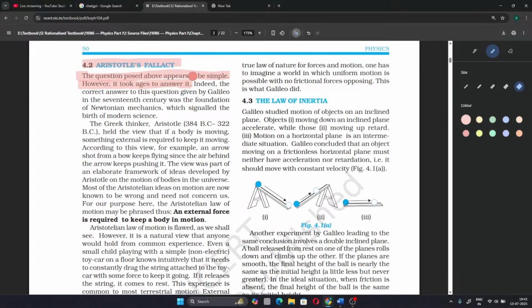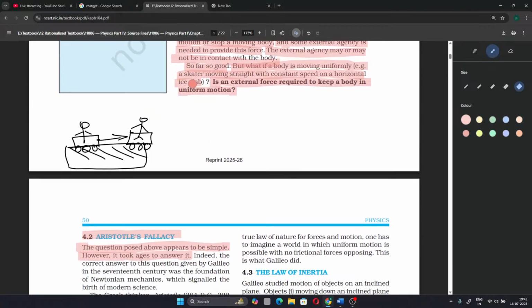They're asking, should we keep applying the force always, or once we push the skater forward, is it enough, or do we need to continue pushing the skater? We know the answer: we only need to push the skater once so that the skater can continue to move in uniform motion.